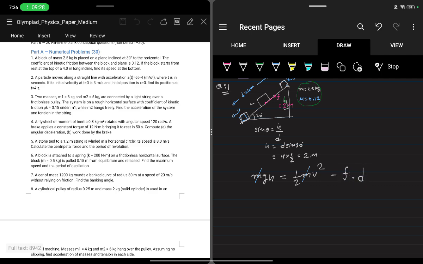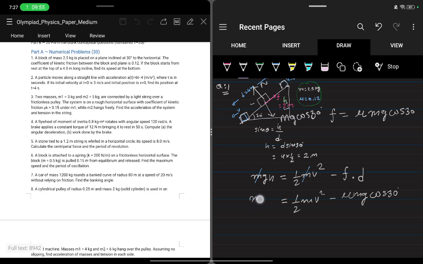Now friction is how much? This is normal, this is mg cos theta, right? Cos 30 degrees. So this would be mu mg cos 30 degrees. Just plug it here. Mu mg cos 30 degrees.